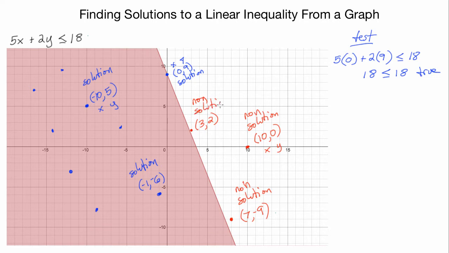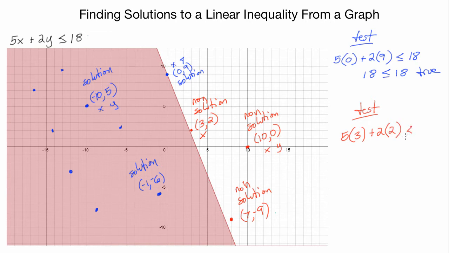So let's go ahead and test that point 3, 2. It's super close, it's almost in there. So we're going to test it and show that it's not a solution. All right, so if x is 3, let's put it in. 5 times 3, putting that in for the x value, plus 2 times y. When x is 3, y is 2, that's the value we picked, so let's put 2 in for y.